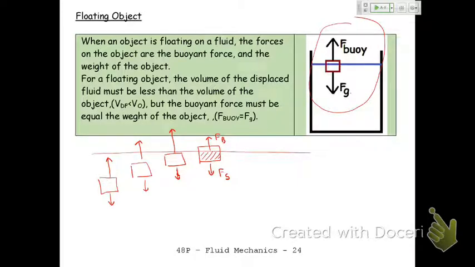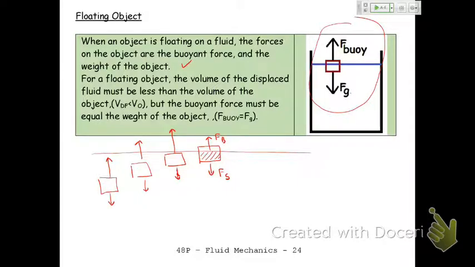When an object is floating in a fluid, the force on the object is a buoyant force upwards and the weight downwards. For a floating object, the volume of the displaced fluid must be less than the volume of the object. It could be, I suppose, exactly equal, but why would it then go to the surface? It's neutral buoyancy if it's exactly the same density.